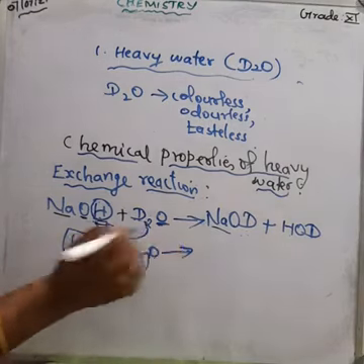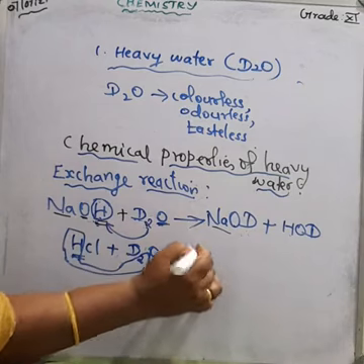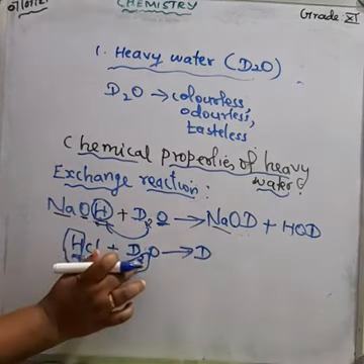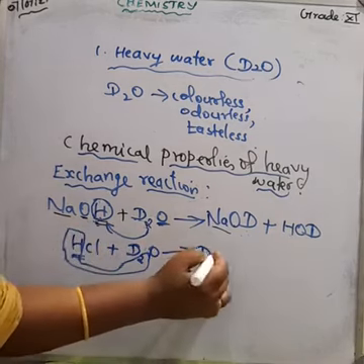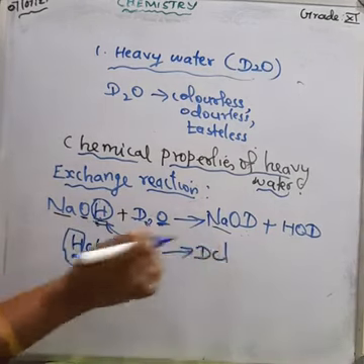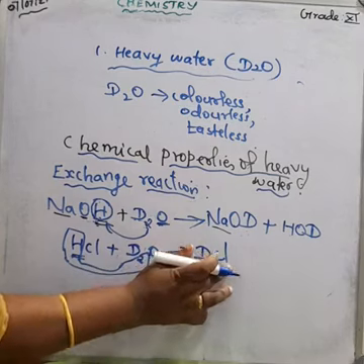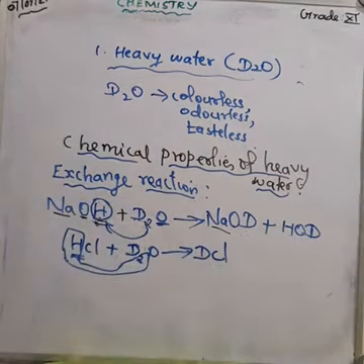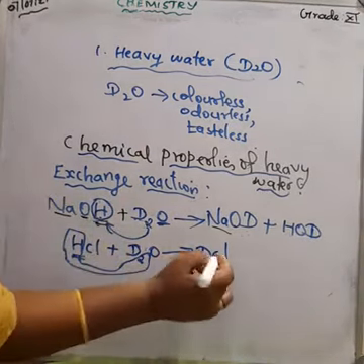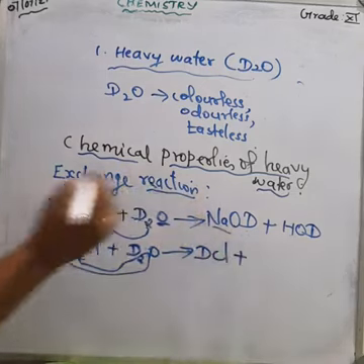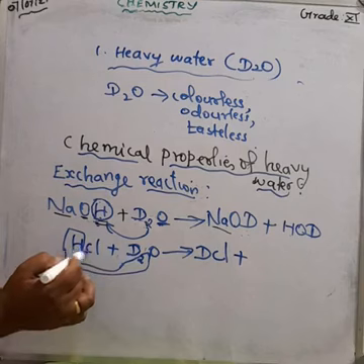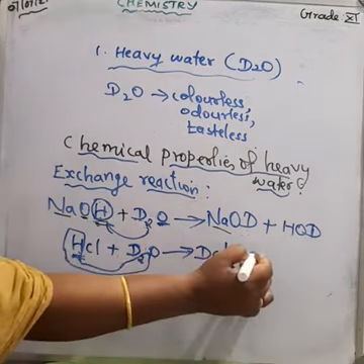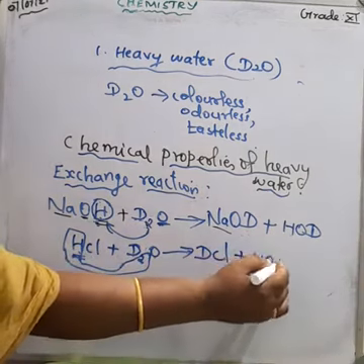So what is the product we get here? Instead of this hydrogen, one of the deuterium in the heavy water takes its place. So we get DCl, deuterium chloride. And what is the remaining product? Here one hydrogen, one oxygen and one deuterium. So we get HOD.